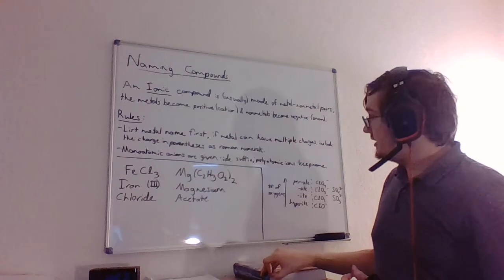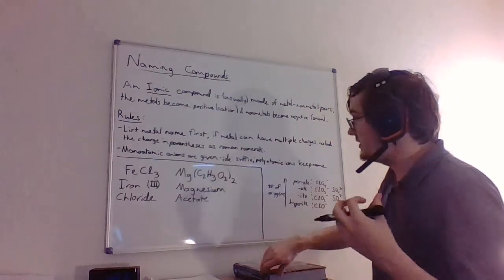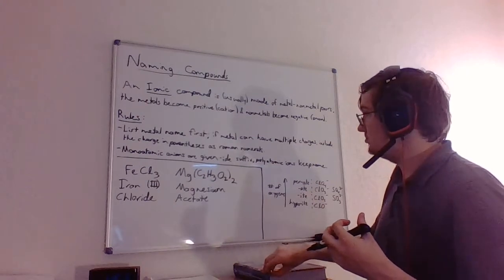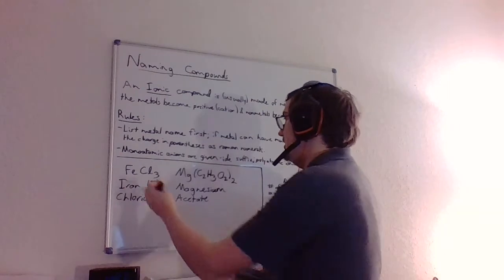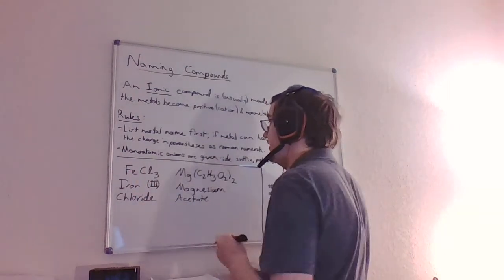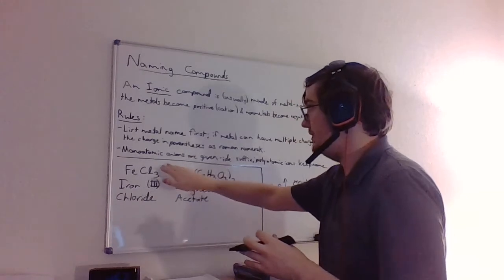And the reason being is because ionic compounds always have the same charges that you're working with. So if you have FeCl3, that's always going to be a positive 3 iron and negative 1 chlorine.